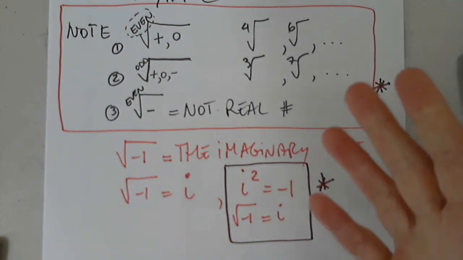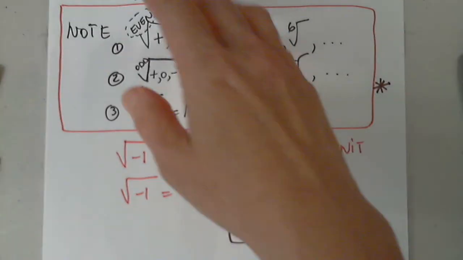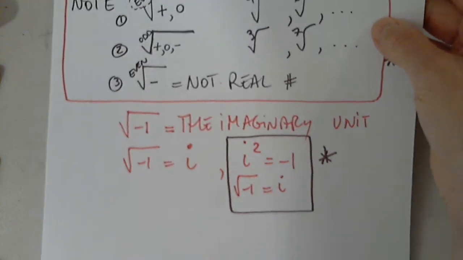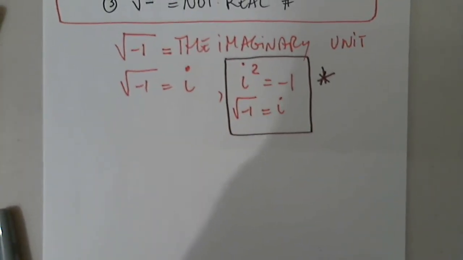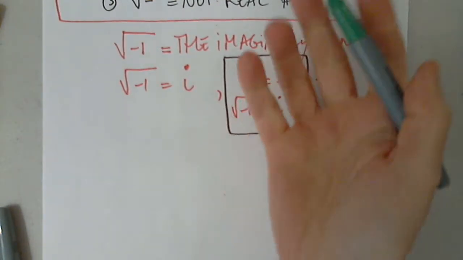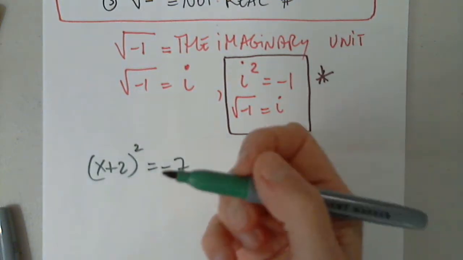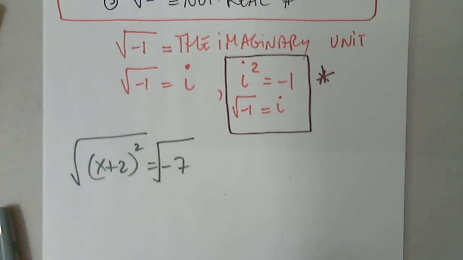Okay, so finally, after all this review, I can go back and solve that equation. Let's write it. I'm going to copy it again. I don't want to start there and continue here. You don't have to copy it unless you want to. So why do I apply the square root?